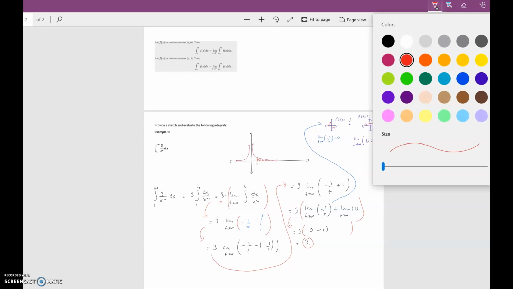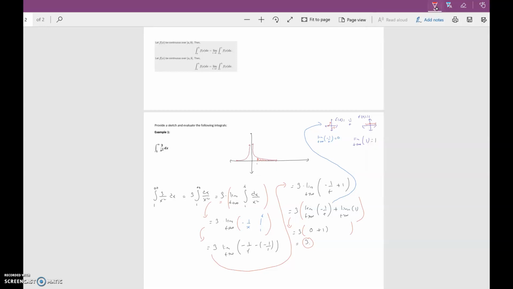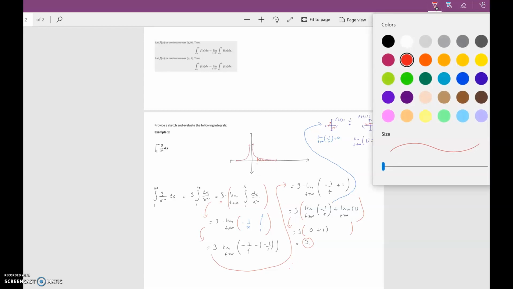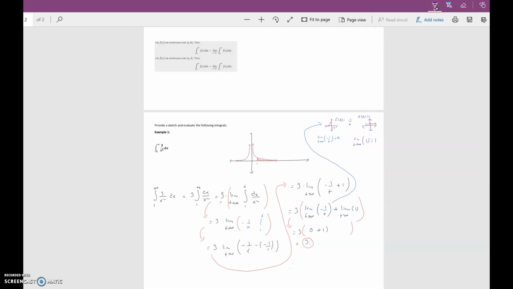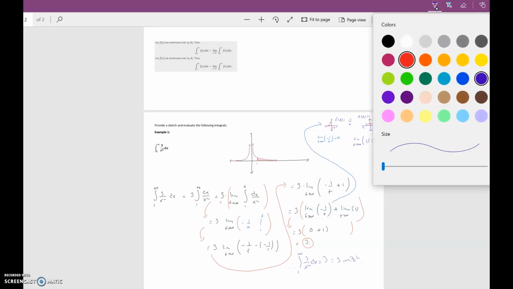As a final answer, the integral from 1 to infinity of 3 over x squared dx is equal to 3, or 3 units squared, depending on the context of what we're talking about.